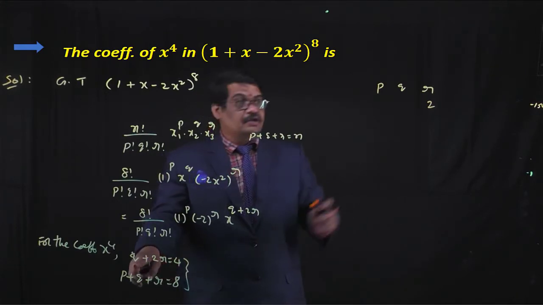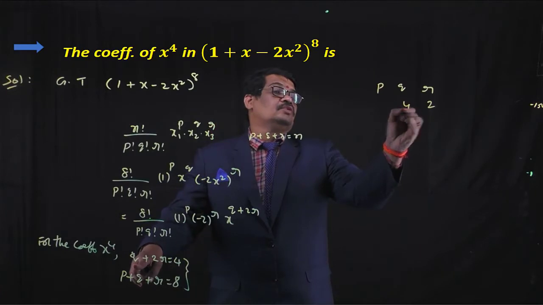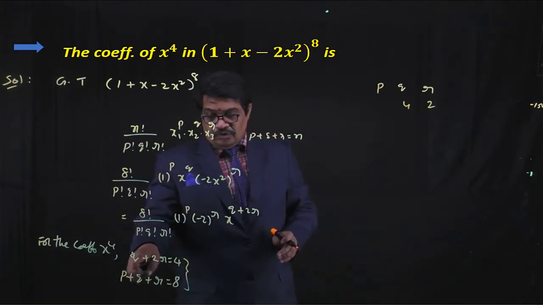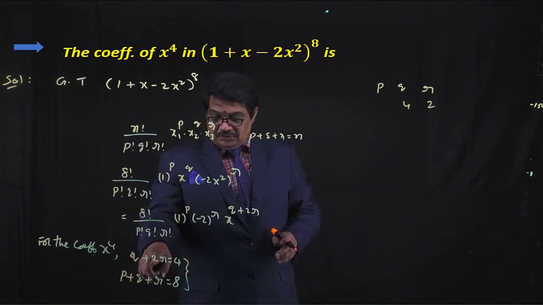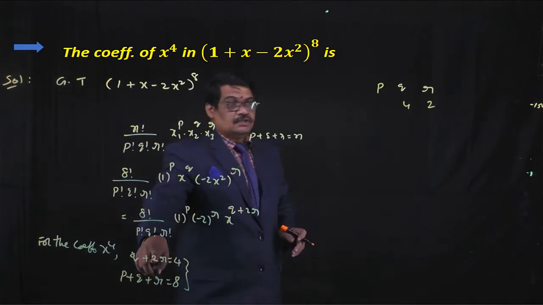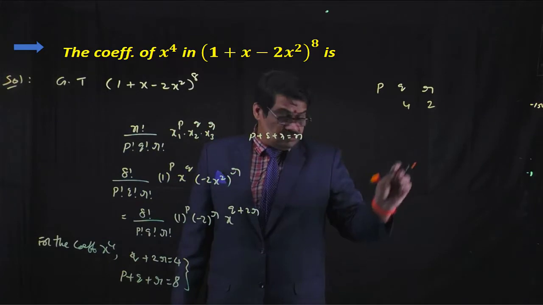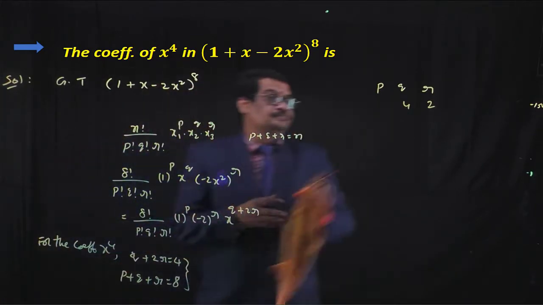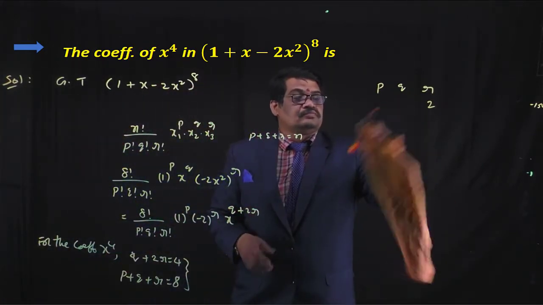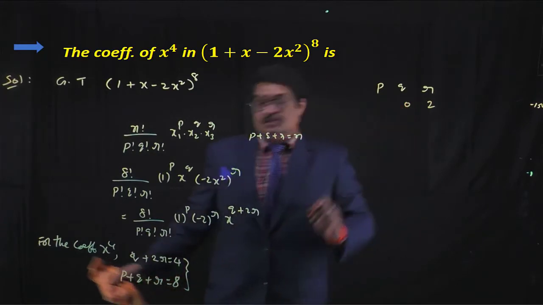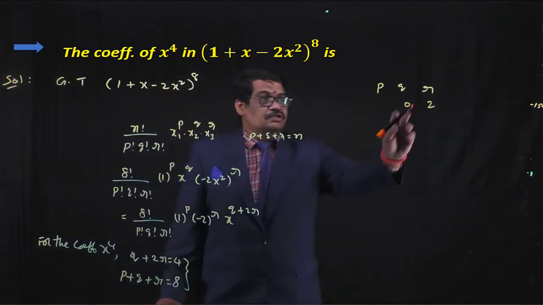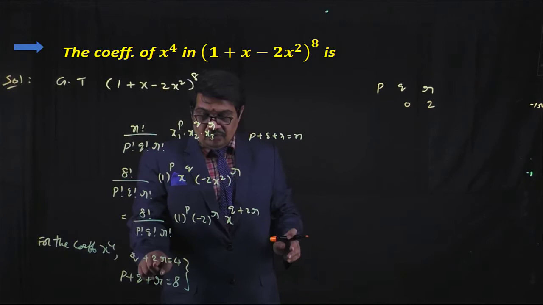Here we take q equal to 0, so q plus 2r is 0 plus 4, that is 4.